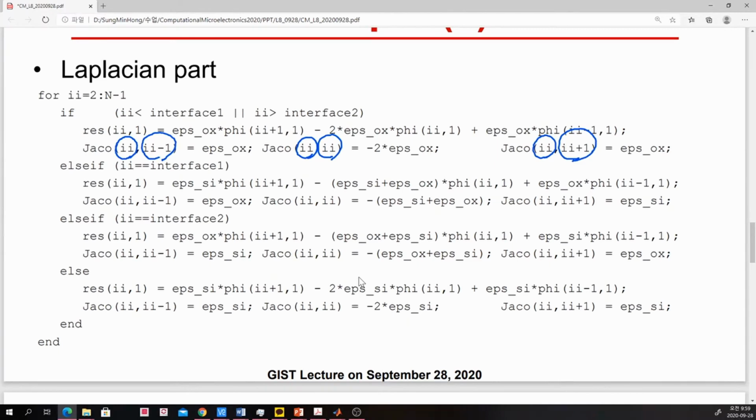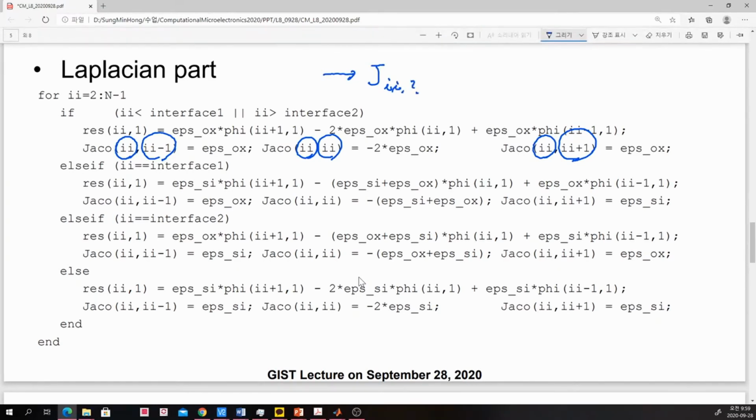So for a certain row of the Jacobian, we have only 3 non-zero elements. So at most, our non-zero elements should be 3 times n. This is the upper limit of our non-zero elements.